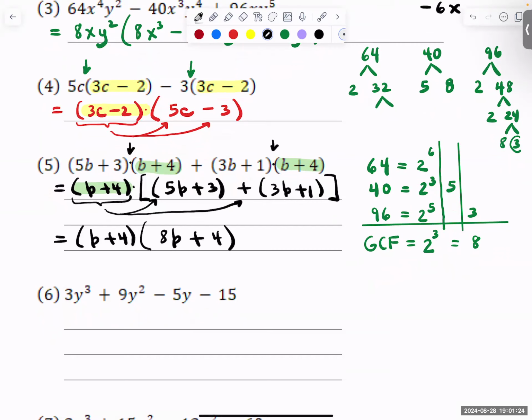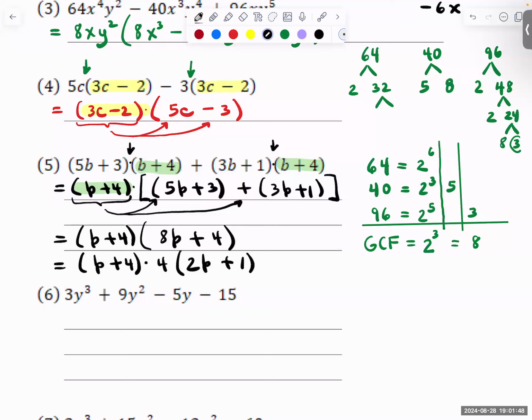Now we have to check for common factors inside the parentheses. 8b and 4 have a common factor of 4, so we can factor out 4. So we have b plus 4 times 4 factored out times 2b plus 1.